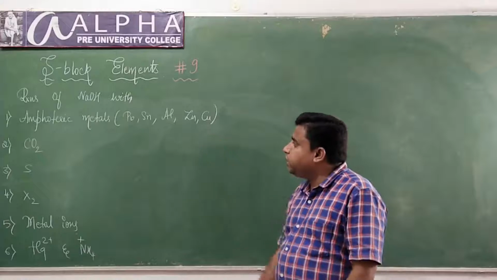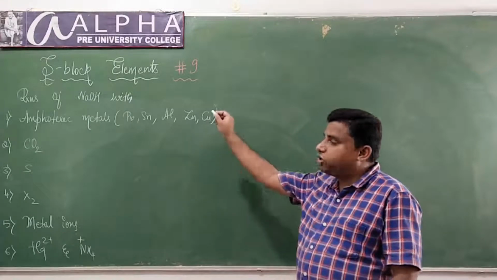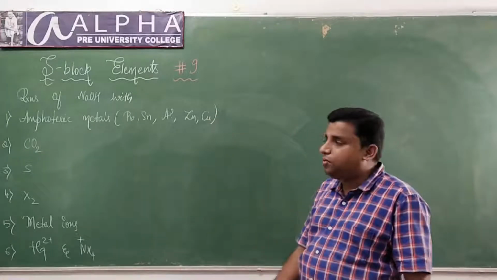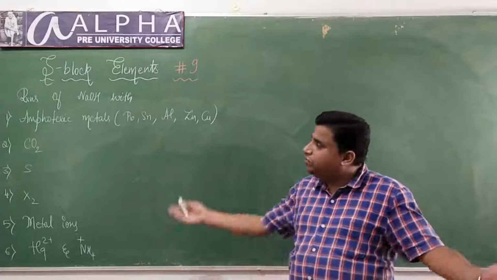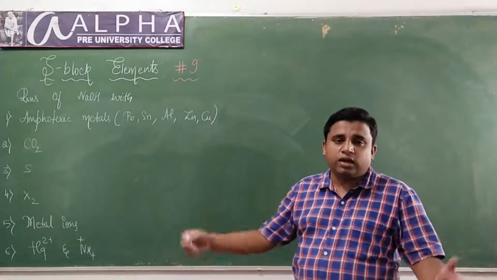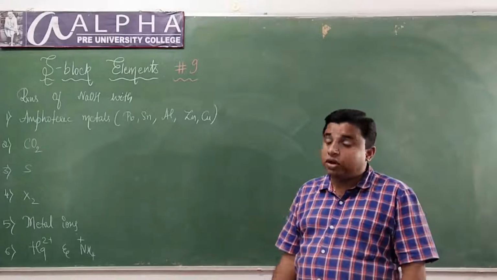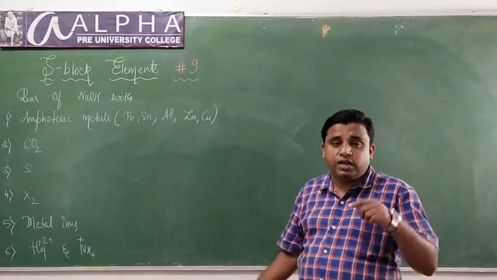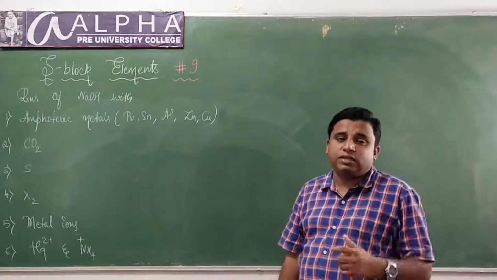Now we will discuss the reaction of sodium hydroxide with amphoteric metals. By the way, we have finished these reactions in our previous videos also. We have written the same reactions in the previous chapter, that is hydrogen.